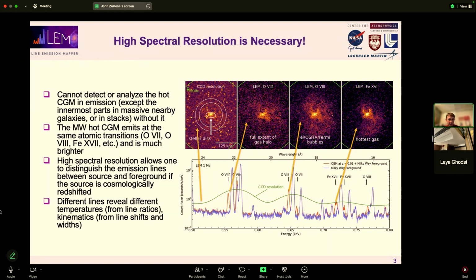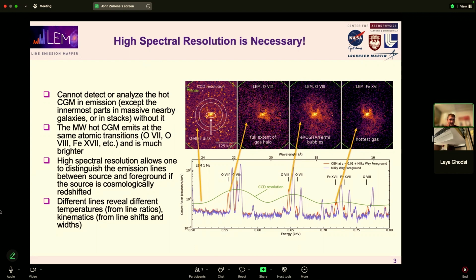So the Milky Way and these other galaxies, needless to say, same physics, emit these same atomic transitions. But if you have an X-ray IFU that has high spectral resolution, at least a few electron volts at most, and even better if it's 1 or 2 electron volts resolution, it allows you to distinguish between the emission lines of the source and the foreground if the source is cosmologically redshifted. You can get those distant source lines to appear from behind the Milky Way ones, and the different lines reveal different sub-phases, if you will, of the hot phase.